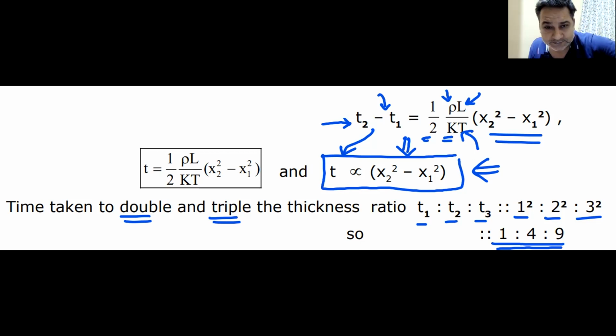To double the layer, the time will be 4 times. To triple the layer, time will be 9 times. To make it 4 times, the time will be 16 times. Do we understand this? Yes, sir. I will give you a minute to note this down.